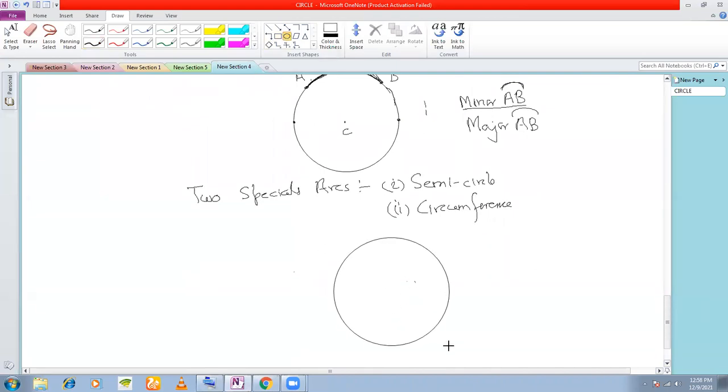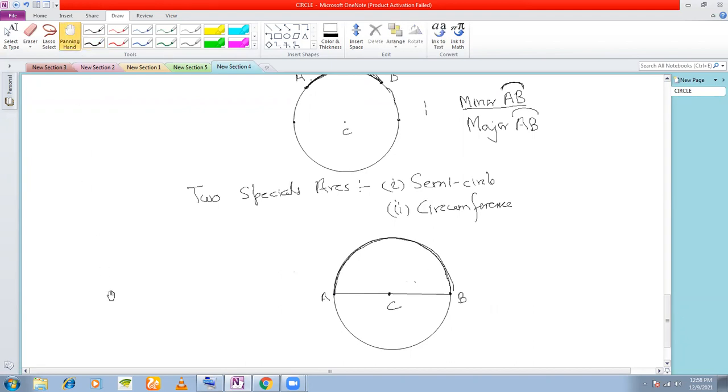I have a circle with center C. Then this half the circle here, this half arc here. Let's call these points A and B. And let's join them so that AB becomes the diameter. This arc forms half of the circle, right?